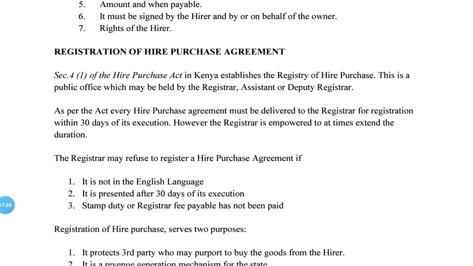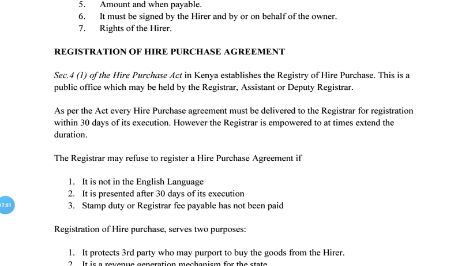Remember, he has said that you should register an agreement within 30 days from the date the agreement was signed. Another one, if the stamp duty or registrar fee payable has not been paid. That's another thing that may make the commissioner or the registrar refuse registration.